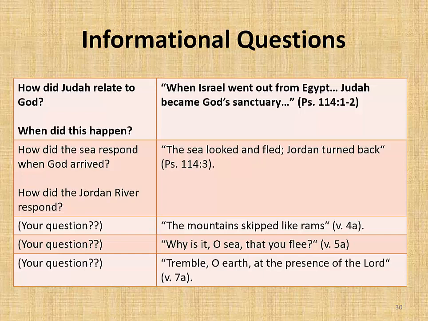I wonder what informational question you could simply fashion given the statement we find in verse 4a, the mountains skipped like rams. Or from verse 5, why is it, O sea, that you flee? Or verse 7, tremble, O earth, at the presence of the Lord. From each of these, we could generate informational questions.